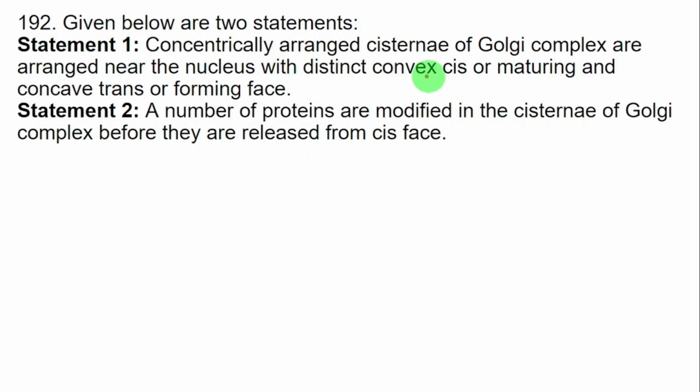So now if you attempt this question, concentrically arranged cisternae of Golgi complex are arranged near the nucleus with distinct convex cis or the forming and concave trans or the maturing phase. That would be the correct statement. And statement 2, a number of proteins are modified in the cisternae of Golgi complex before they are released from the trans phase. So this is all about this question. Thank you so much for watching my video.